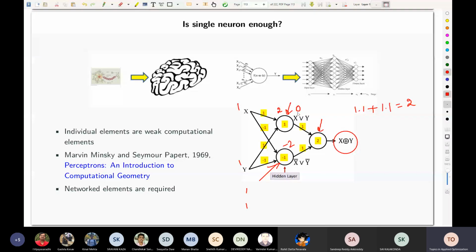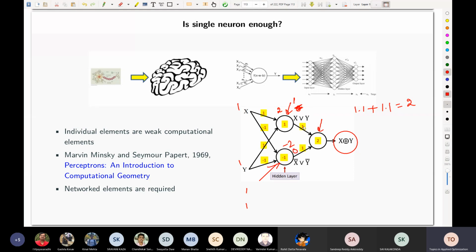Sorry, is 2 greater than 1? The answer is yes, so the output is 1 here. And -2 is not greater than 1, so the answer is 0 here.